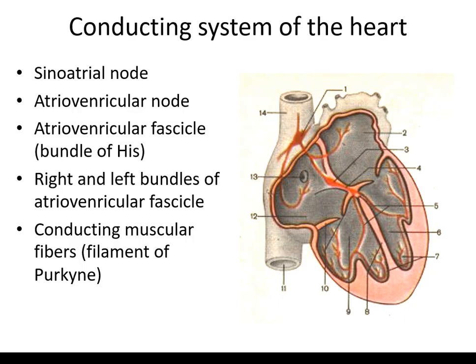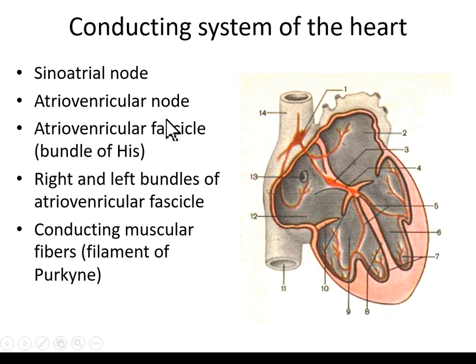There are three types of muscles: skeletal striated, smooth muscles, and cardiac muscles. The main functional characteristic of the cardiac muscles is autonomic contraction. The heart has a conducting system.